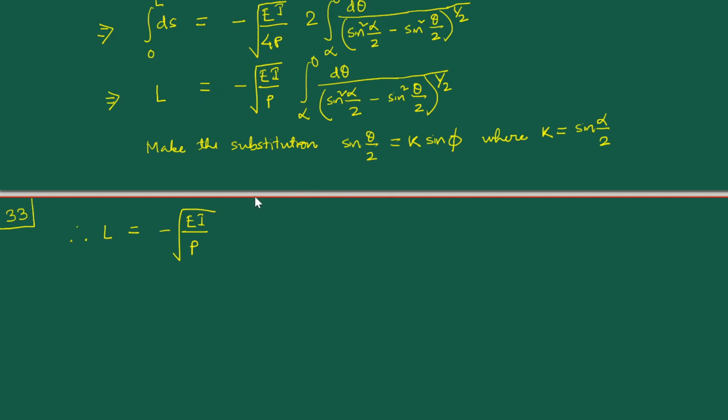So it will be perhaps better if, instead of writing down the next step with regards to making the substitution, I just write down what happens to the d theta term. So from sine theta by 2 is equal to k sine phi.